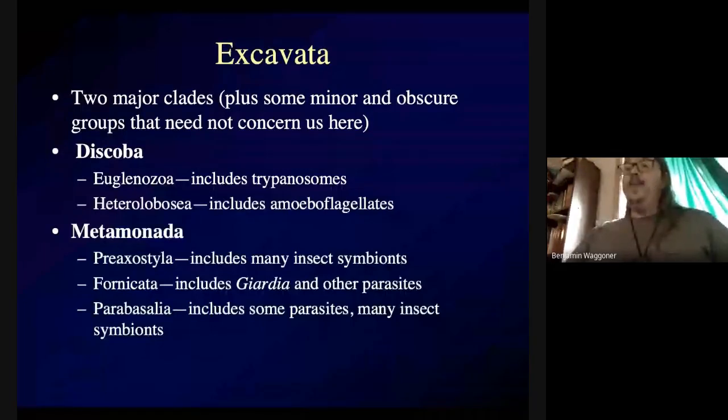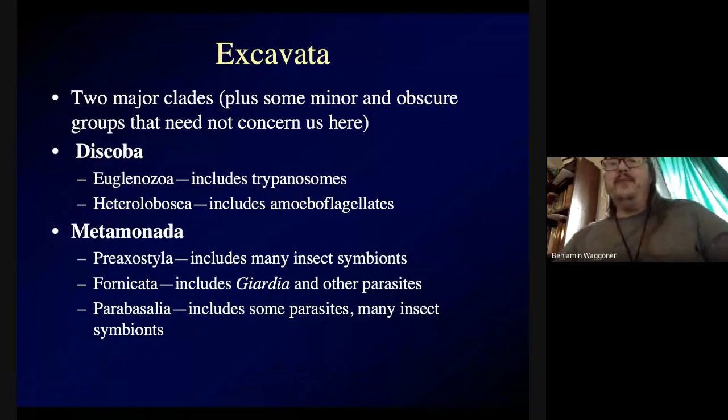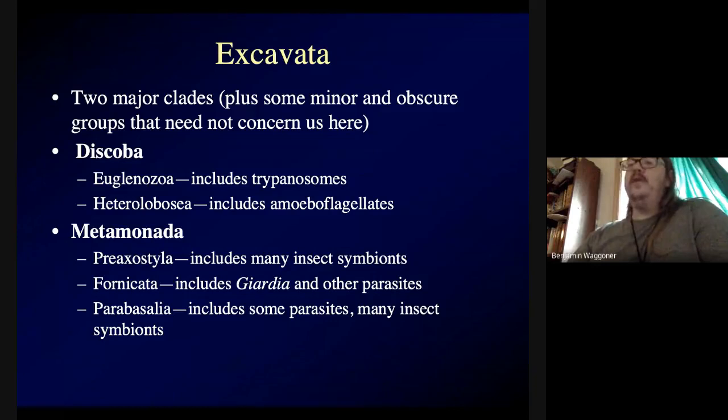Okay, the Discoba includes Euglenozoa. That includes some free-living protists that you might conceivably have seen before, like Euglena, but it also includes a very big group of parasites called the trypanosomes, which include the causative agents of African sleeping sickness and also of Chagas disease.